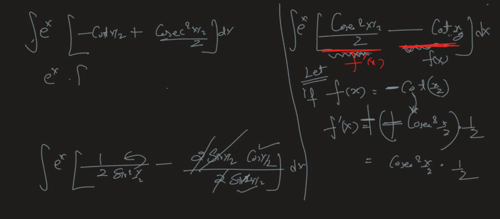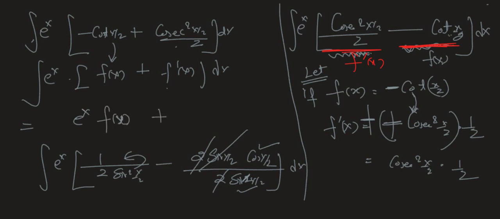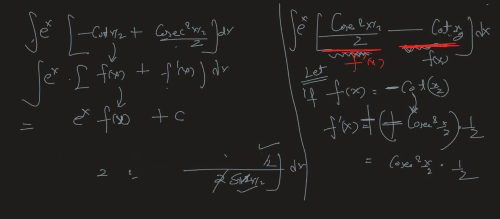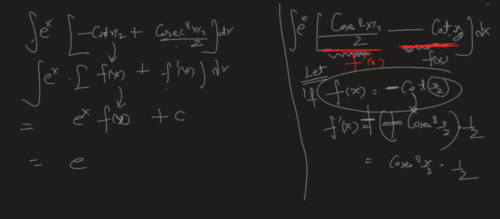So this is f of x, and this is f dash x. Can we write it like this? Yes or no? So this is matching with our formula, so the answer will be this, direct. We don't have to integrate it. This is my answer by using the formula that I gave you. And what was f of x? f of x was this. So the answer will be e to the x into minus cot x by 2 plus c.